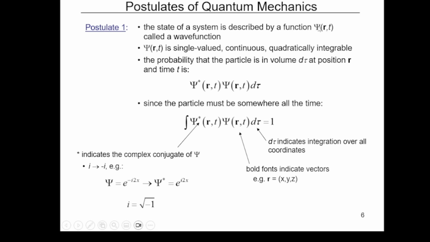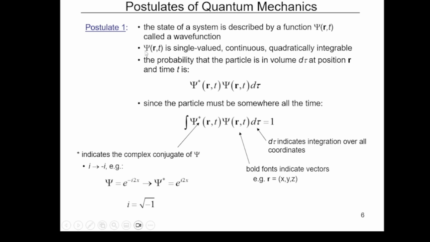It means this wave function is dependent on coordinates, electronic coordinates, and t is for time. So we'll see that the wave function will be a function of either coordinates or both coordinates and time. Now this is a time dependent wave function. This is called a wave function.